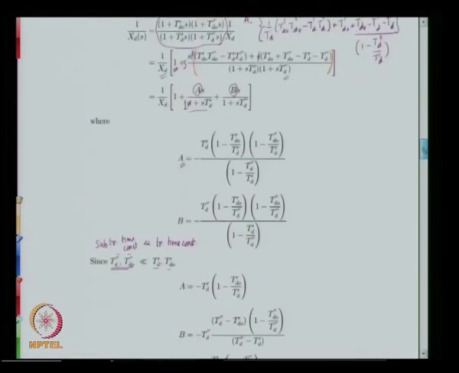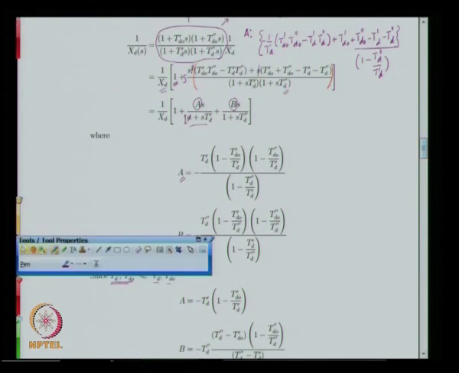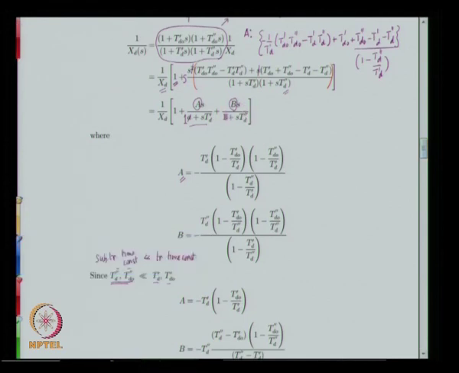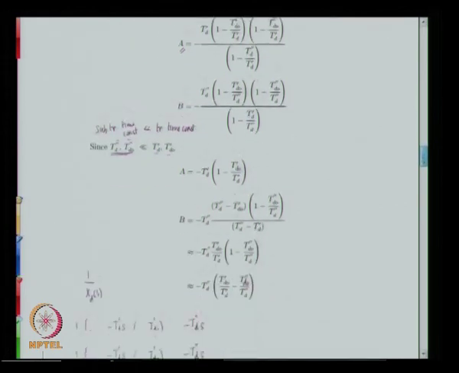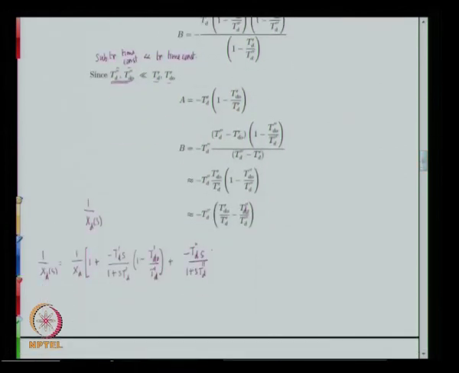So that is again borrowed from this expression, multiplied by T dash do by T dash d minus T double dash do by T double dash d.